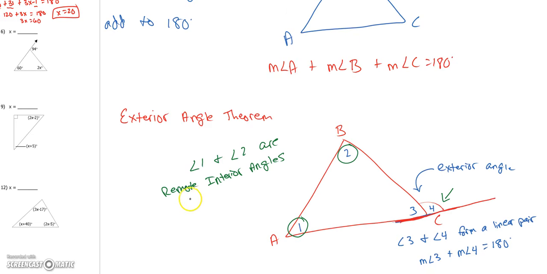It's always in relation to another angle. So they're remote interior to angle 4. They're the two angles inside that are not touching angle 4, right? Angle 3 and 4 are touching, so 1 and 2 are remote interior.